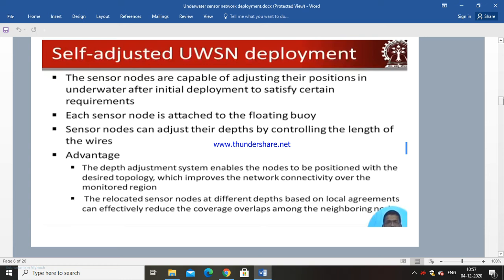Advantages: the depth adjustment system enables nodes to be positioned in the desired topology, which improves the network connectivity over the monitored region. Relocating sensor nodes to different depths based on local agreements can effectively reduce the coverage overlaps among neighboring nodes.